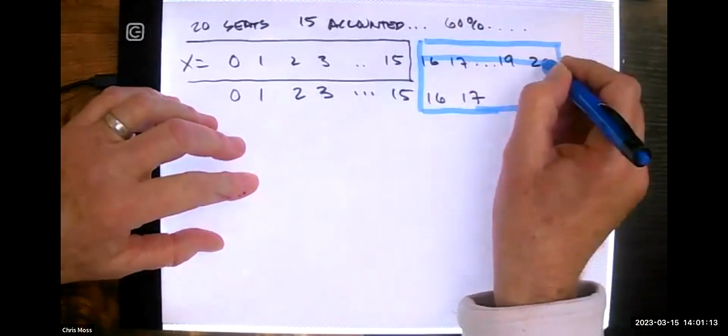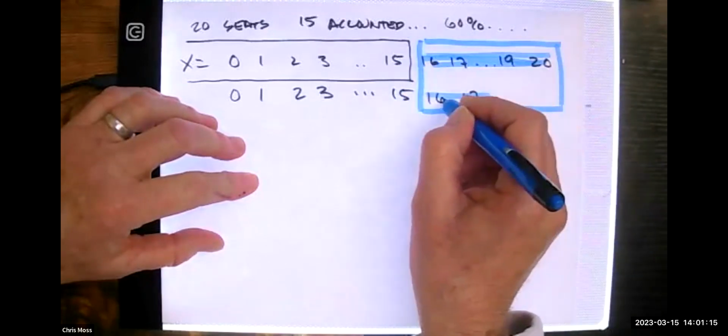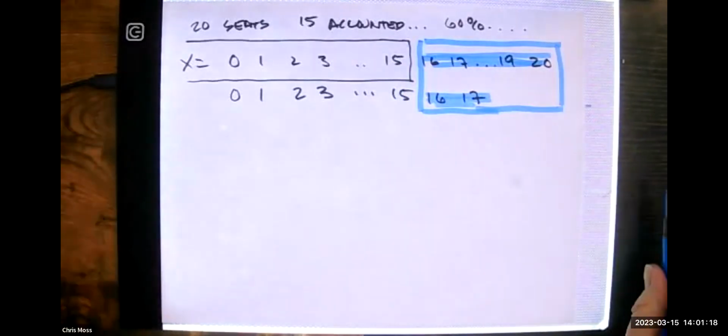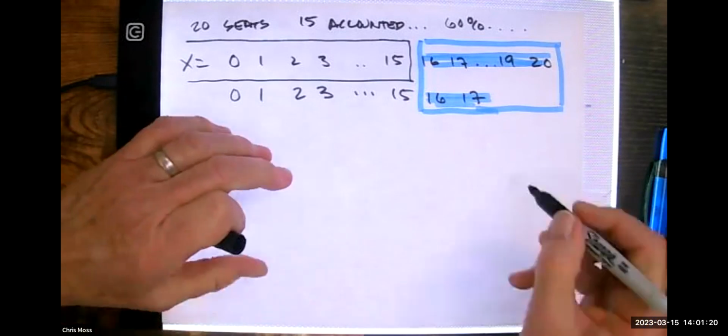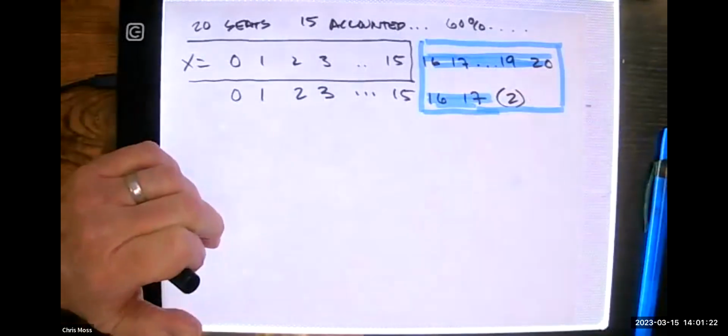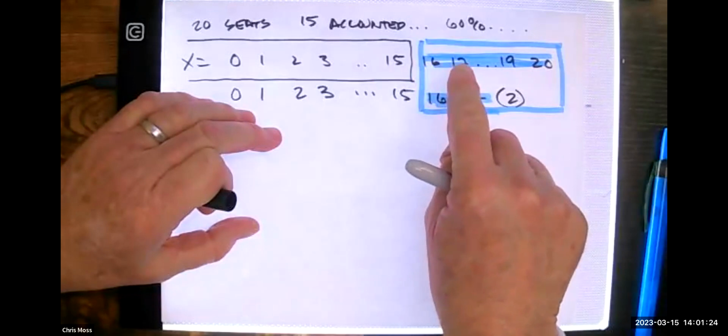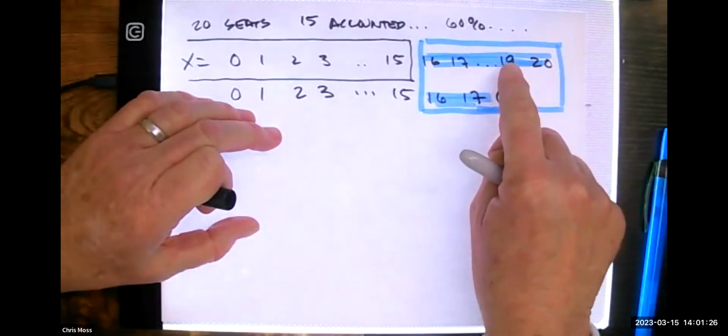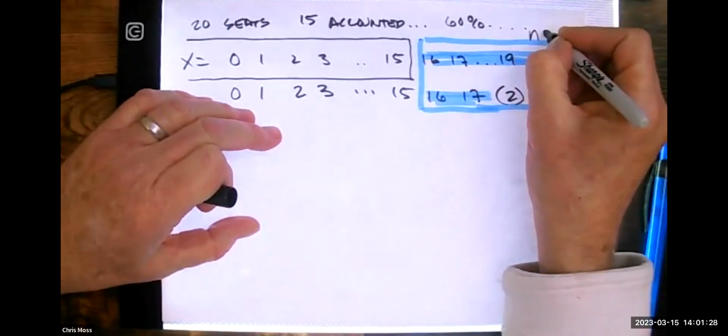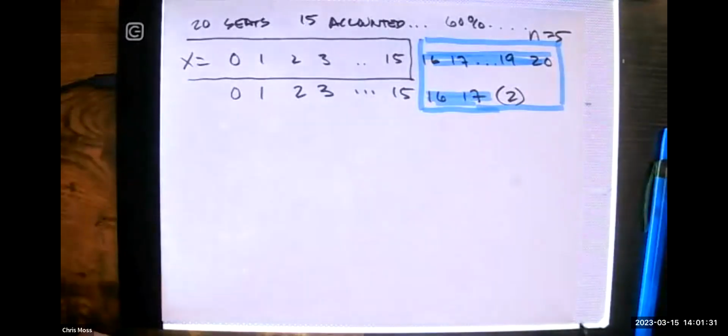We have the number of tickets sold and the number of seats available. So you can see we have 2 seats available, yet we sold 16, 17, 18, 19, 20. We've sold 5 tickets more than we have seats available.